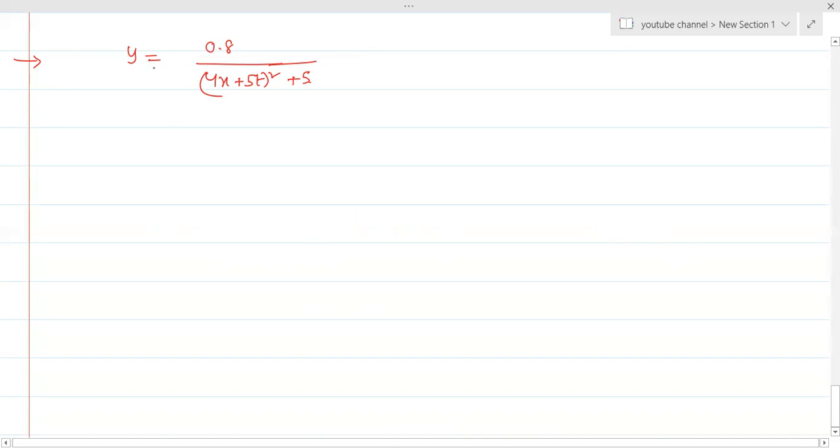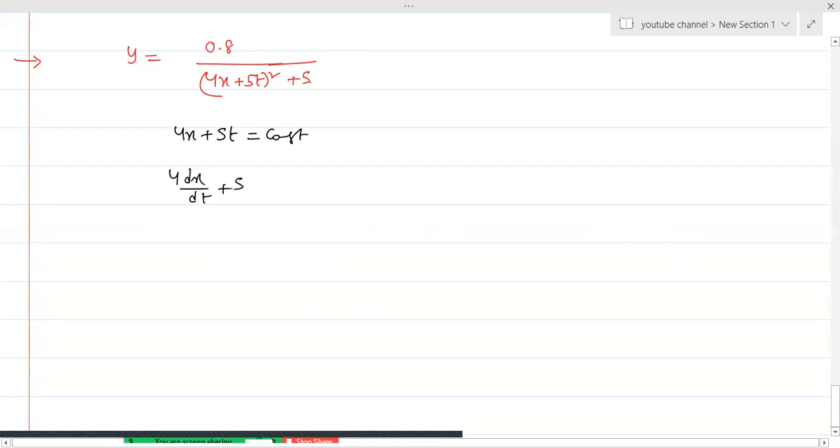Suppose first I am taking this 4x plus 5t as a constant as usual. When we take the differentiation, 4 into dx by dt plus 5 equal to 0, so velocity is equal to minus 5 by 4, that is equal to minus 1.25 meter per second.